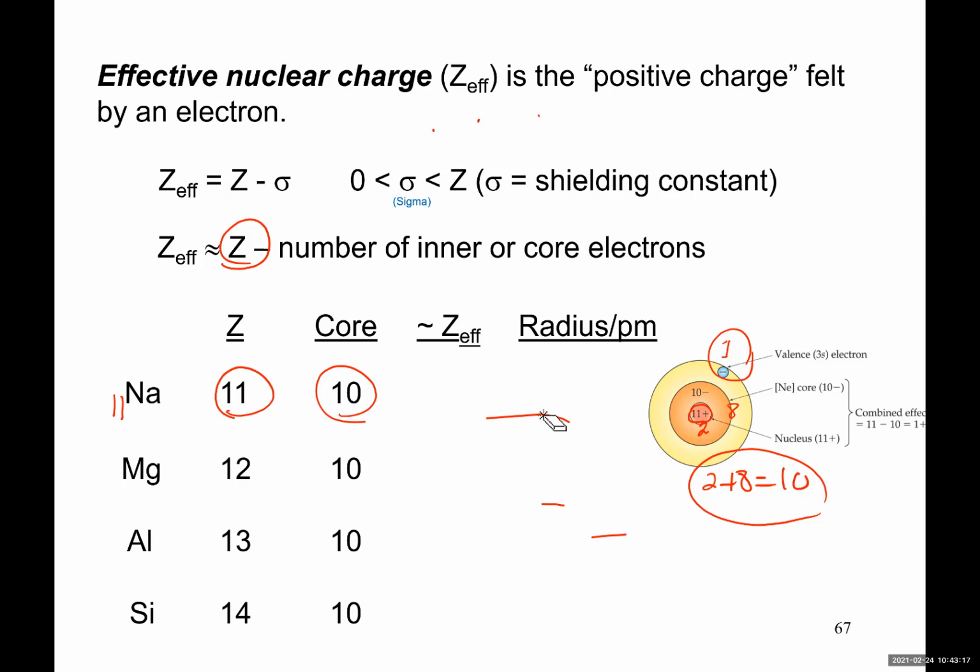So the effective Z, the effective charge of the nucleus that this 1 electron is feeling, is 11 minus 10, the charge of 1 proton. And if I measure the radius of a sodium atom, the radius is 186 picometers.